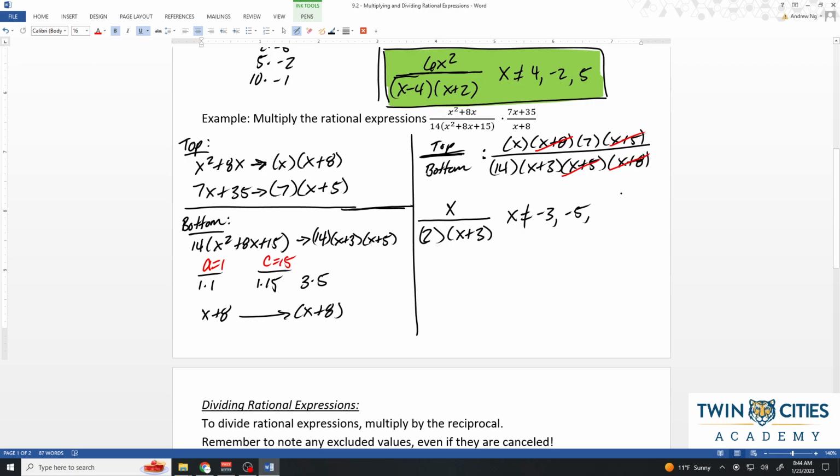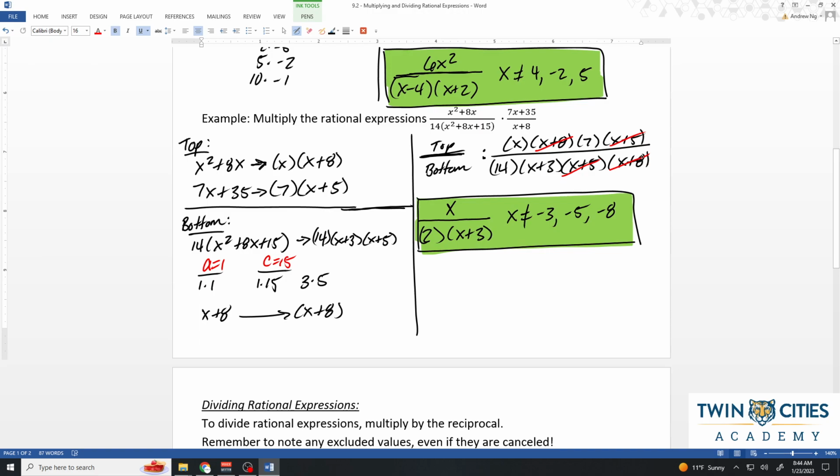And for x plus 8, x cannot be negative 8. All right, and that takes care of multiplying.